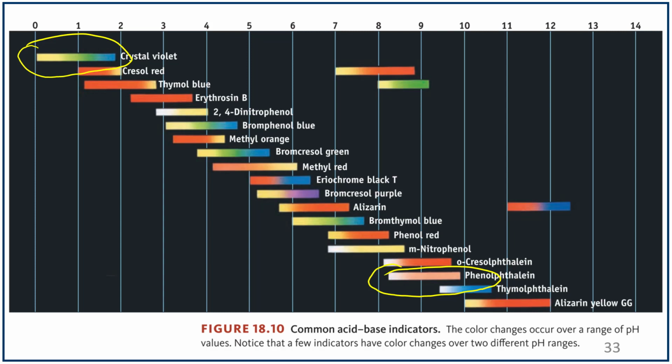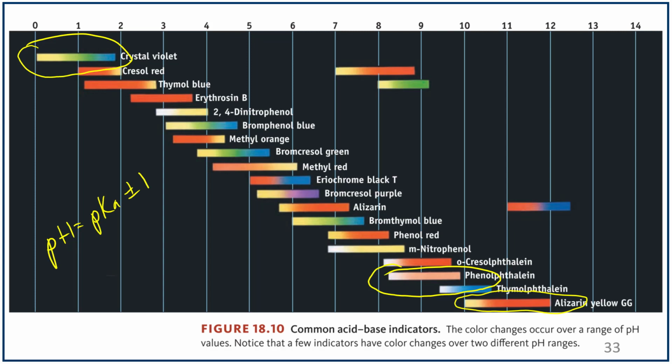It's a bad idea probably, and you cannot also use alizarin yellow, because the indicator range there is around 10 to 12. But again, these values are all just pH equal to pKa plus or minus 1. All of these are color ranges per pH.